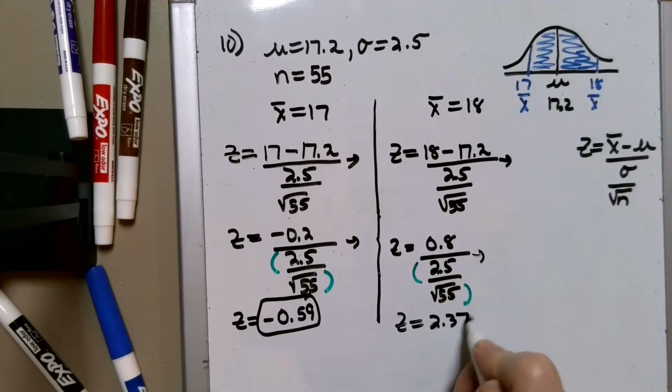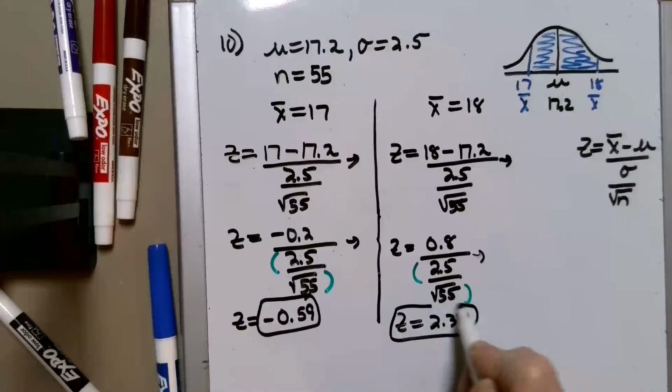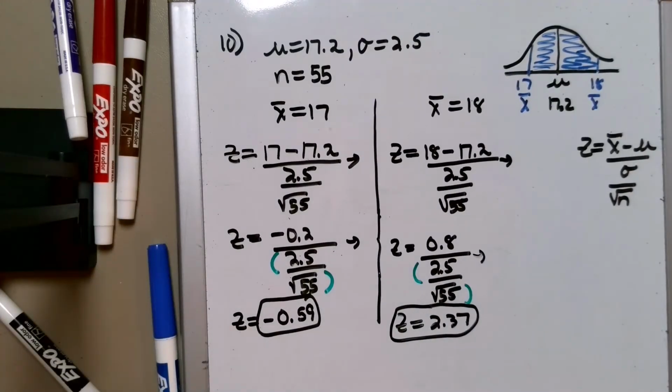So it's going to be 2.37 because after the 7 is a 3. And again, let me just double check my math here. 2.373, right? Okay. So I'm going to look up those z-scores on the negative and positive z side, starting with negative 0.59 on the negative z side.